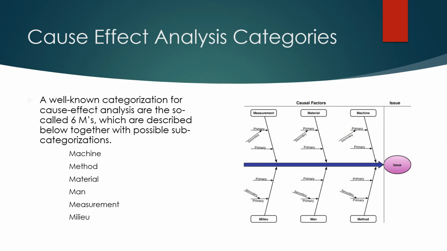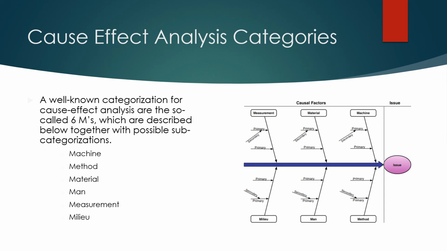Material, factors stemming from raw materials, consumables, and or data required as inputs by a task or process, like incorrect data leading to a wrong decision while it's being executed. Man, factors related to a wrong assessment or an incorrectly performed step. For example, a claims handler accepting a claim even though the data in the claim and the rules used for assessing the claim require the claim to be rejected.